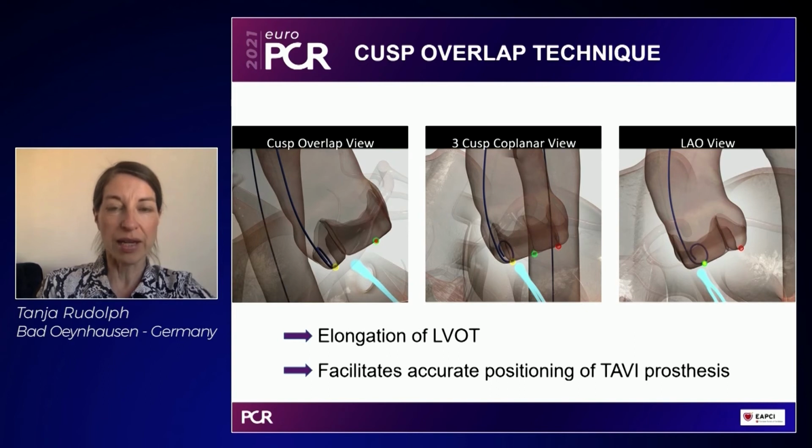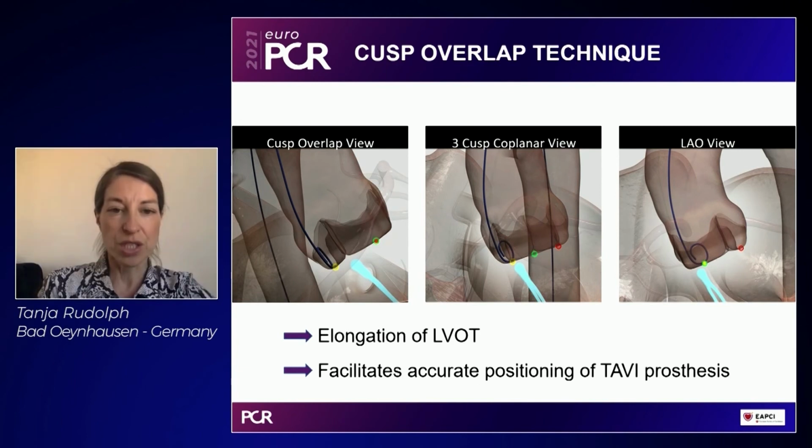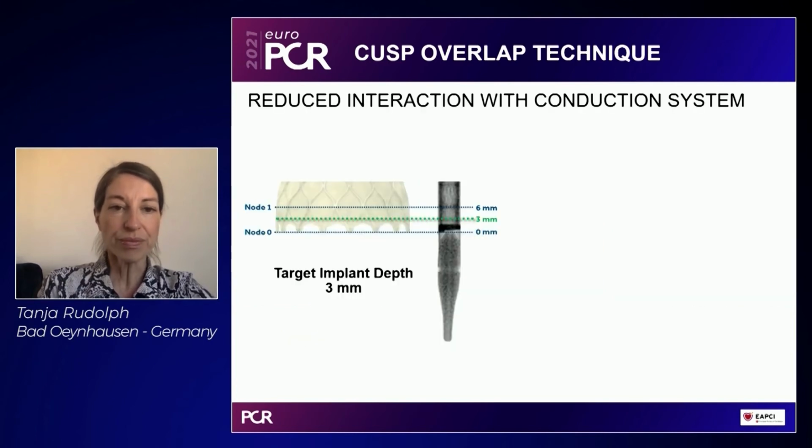Ladies and gentlemen, as you may appreciate from this slide, with the cusp overlap technique, we are able to elongate the LVOT, in particular as compared to the three-cusp coplanar view and the LAO view. This facilitates an accurate positioning of the TAVI prosthesis, in particular in regard to the non-coronary cusp, as shown here on the left-hand side.